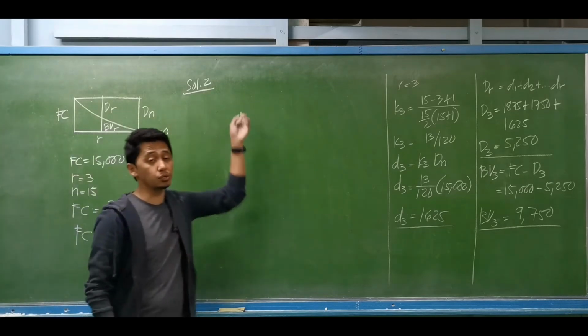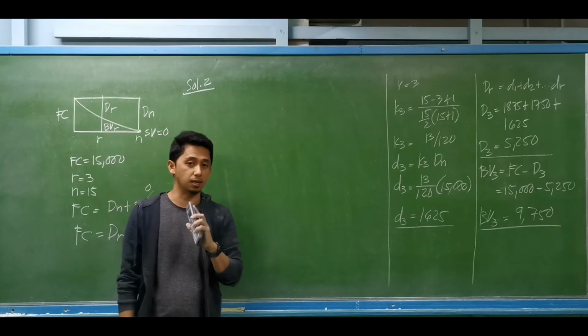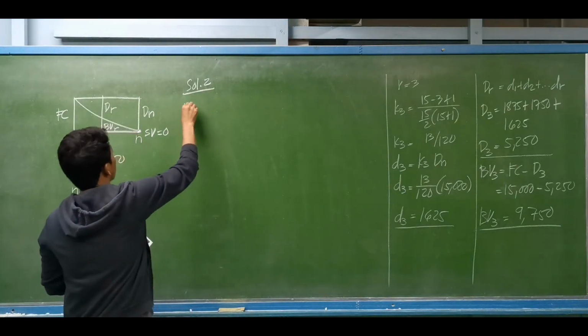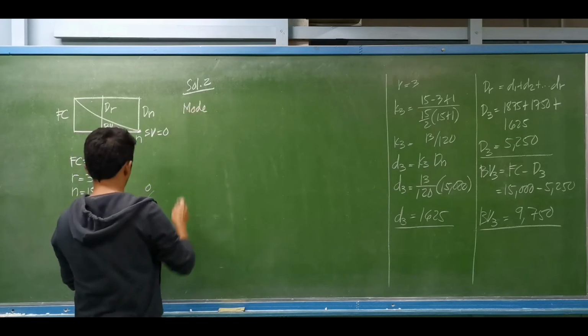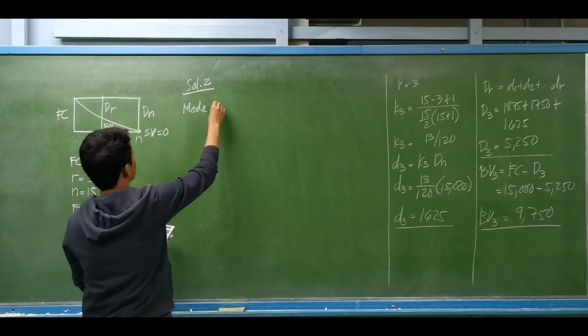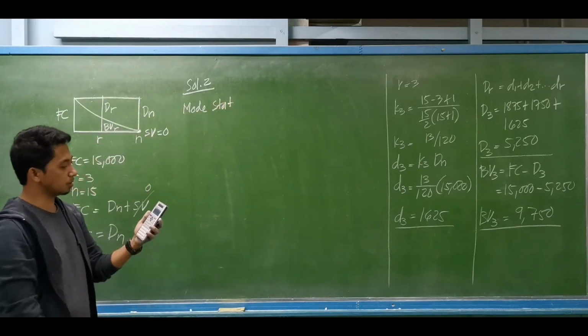And let's try a second solution using the mode stat of the Canon F-789SGA. So solution 2, we may use mode stat, mode number 3.